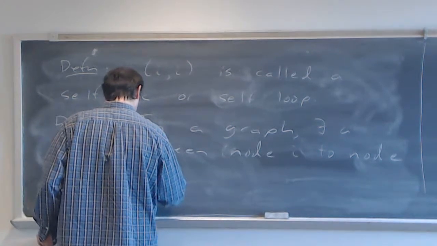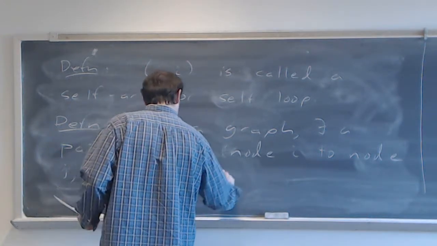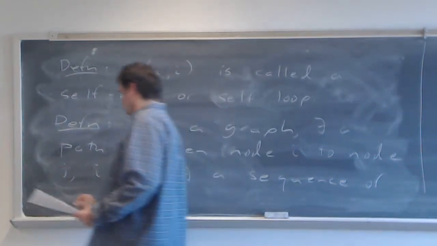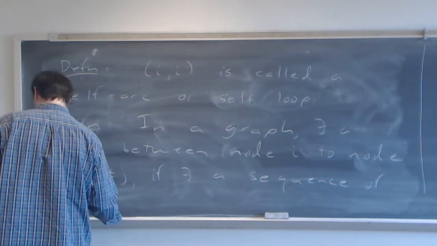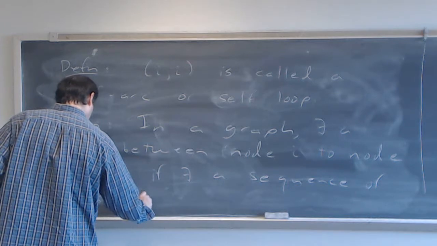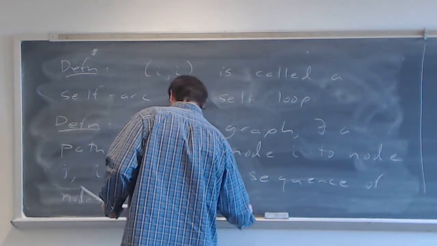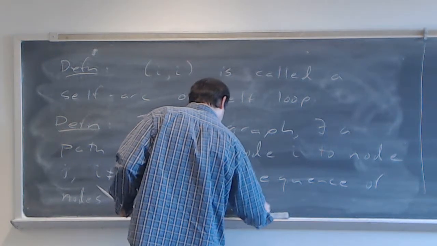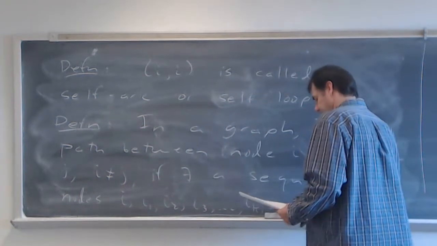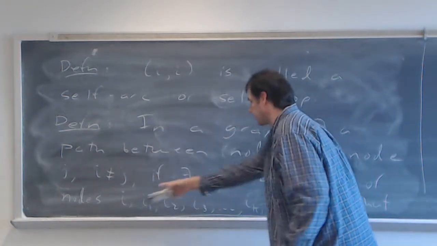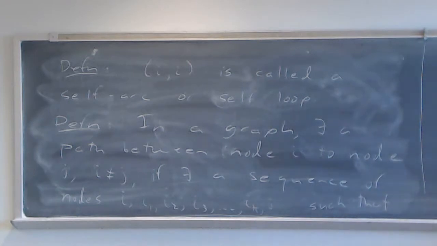So if there exists a sequence of nodes, I'll say I sub 1, I sub 2, I sub 3, all the way up to I sub k, and then finally j, such that there's arcs, a list of arcs that connects each one of these pairs, or involving each one of these pairs.